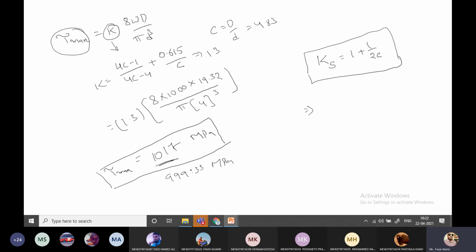So why is it happening? Just check it. Actually, the value should come 1018 megapascal, so you got 1 point less. Okay, it is correct, but you are getting a lot of difference. Actual answer is this one. You check it once again. Where did you make the mistake? Check it once again.